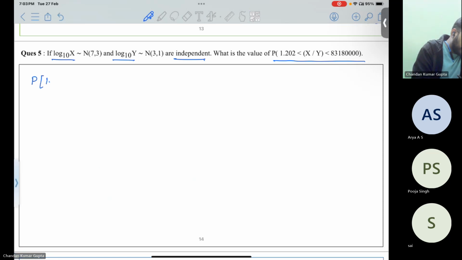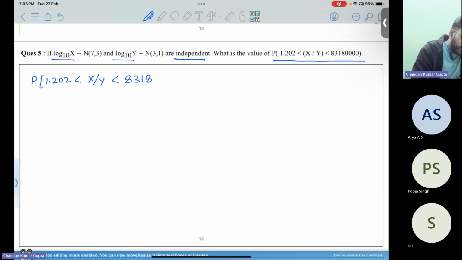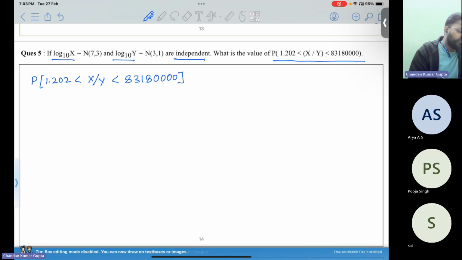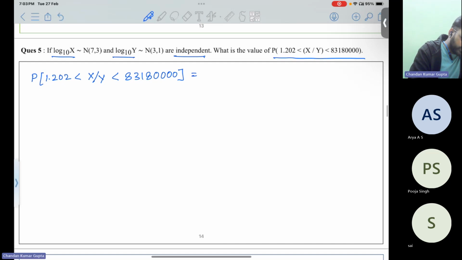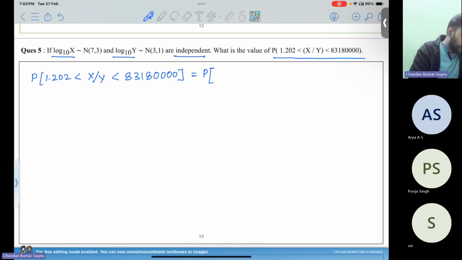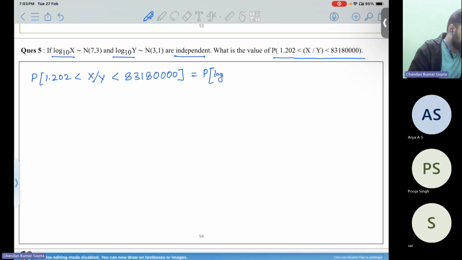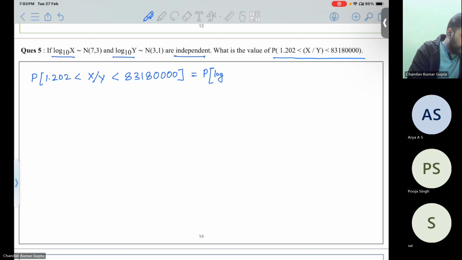Probability of 1.202 less than x by y, where x is the numerator and y the denominator, with some zeros there. So we will take log. I'm not writing base 10 all the time. So we will write like this.